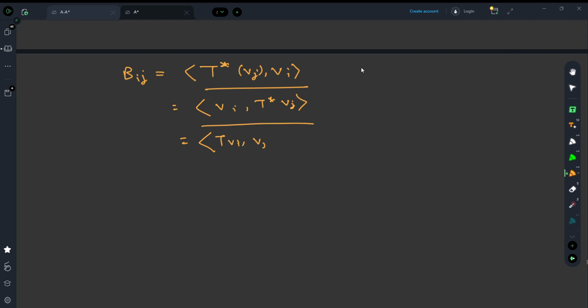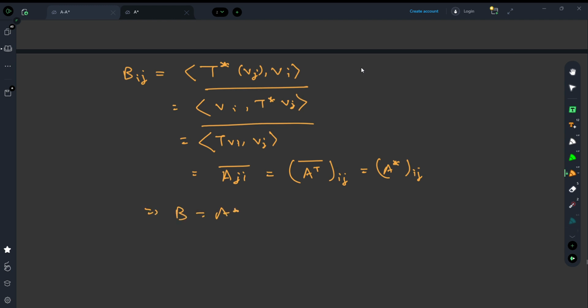Bij is equal to the inner product of T star Vj with Vi, but I can write this as the conjugate of the inner product of Vi with T star Vj. But this is obviously equal to the inner product of Tvi with Vj, which is nothing but Aji bar.